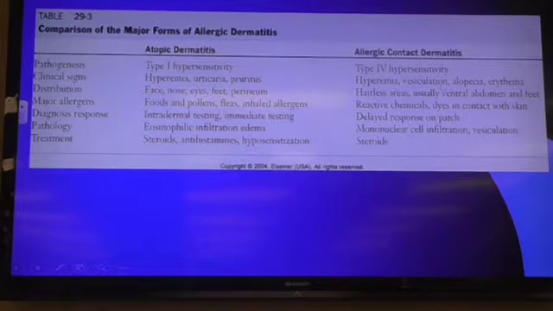Clinical signs are pretty much similar, but it develops so fast. That's the main thing in the case of atopic dermatitis. Whereas type 4 will be after 2 or 3 days. Mainly, you see all those allergens that might be causing the problem.